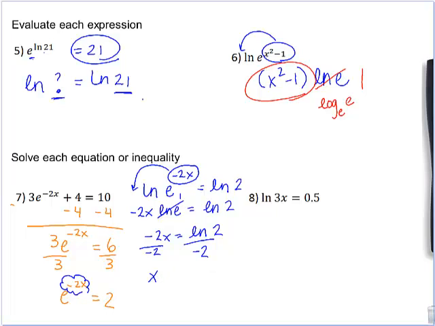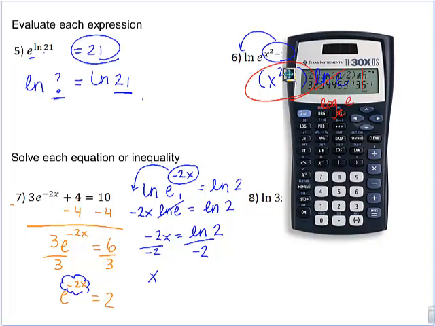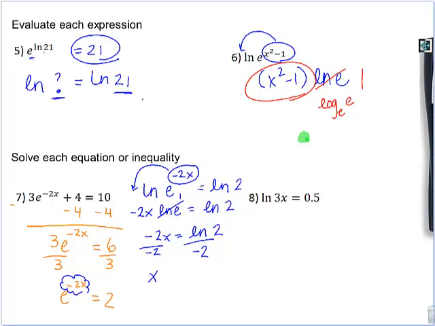So in your calculators, you would have to do the natural log of 2, so use your natural log button. And then once you've done that, you want to divide by negative 2. So, provided you did that correctly, you should have an answer of negative 0.03.